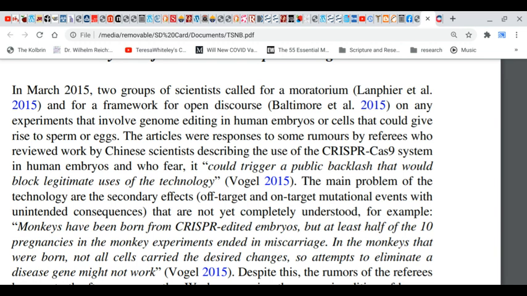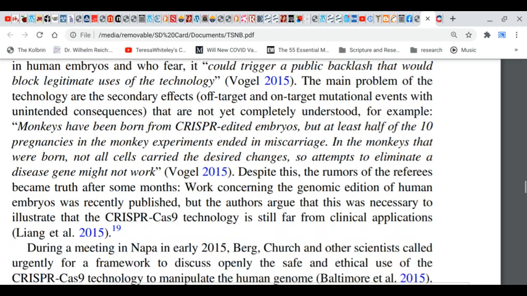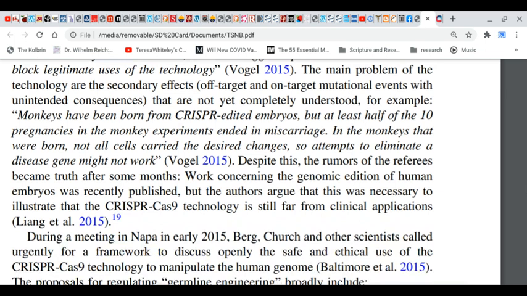For example, monkeys have been born from CRISPR edited embryos, but at least half of the 10 pregnancies in the monkey experiments ended in miscarriage. In the monkeys that were born, not all cells carried the desired changes, so attempts to eliminate a diseased gene might not work. Despite this, the rumors of the referees became truth after some months.